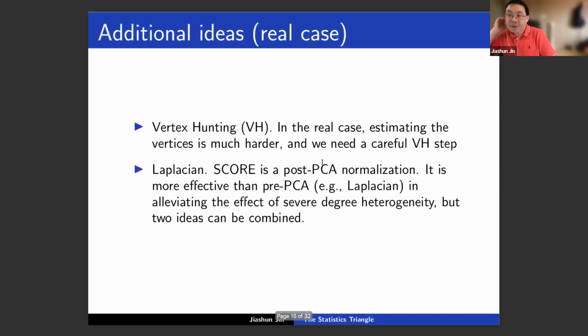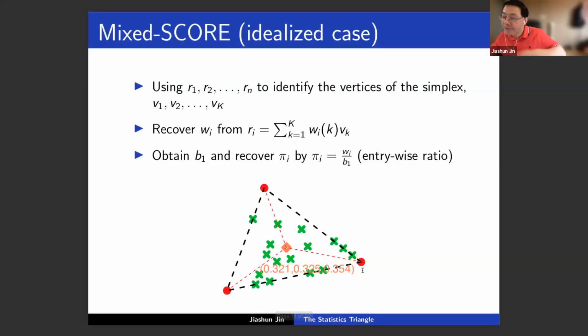Of course, this is for the population version. For the real version, you do not have a nice triangle like this. Every one of these points is a row of R, which in the real world is perturbed or corrupted by noise, so you really do not have this nice simplex.